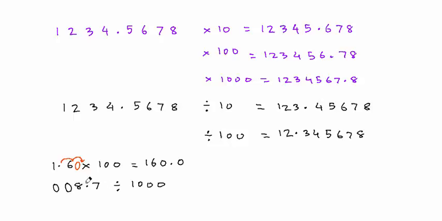And therefore, if you move this three places over to the left, you have 0 point, the decimal point is over here. If there is nothing before the decimal point, it means there's a 0. So we have 0.0087.